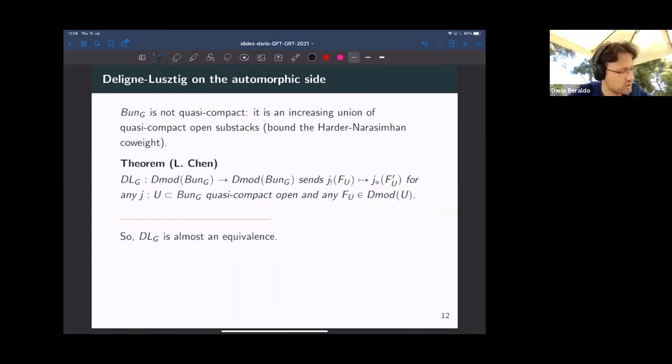We don't need to know how these open substacks are defined, but one way to define them is using Harder-Narasimhan theory. You can bound the Harder-Narasimhan weight of a bundle. If you collect all these bundles with Harder-Narasimhan weight less than something, you get an open substack, and then as you relax this bound, you cover all of Bun G. Okay, and so this linguistic functor on the spectral side does this. It changes shriek with star.